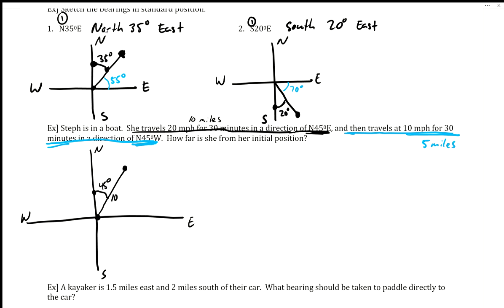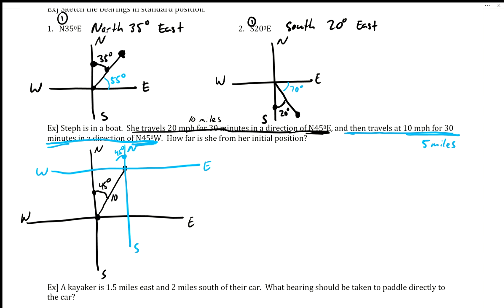From where she left off on our last one is where this new direction takes place. So through that ending point, I'm going to draw in a new north, east, south, west. From there we can start sketching it out. It says north 45 degrees west, so starting on the north, then going toward the west 45 degrees.